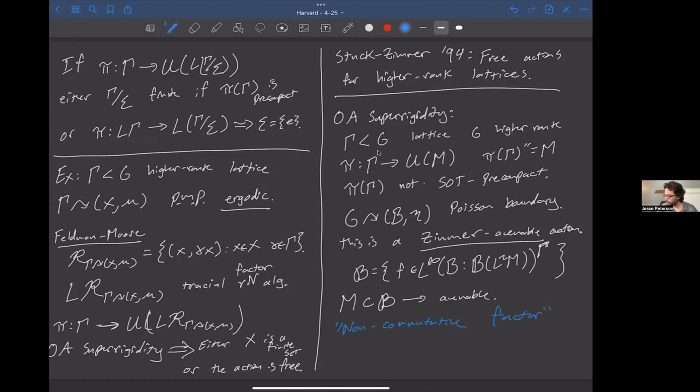Of course, this is maybe not great terminology, because this is factor in a different sense in ergodic theory, not factor in the Murray-von Neumann algebra sense. But the point is that there's a non-commutative factor theorem you can prove, and that shows that in fact this M is nothing but this B under the conclusions here.